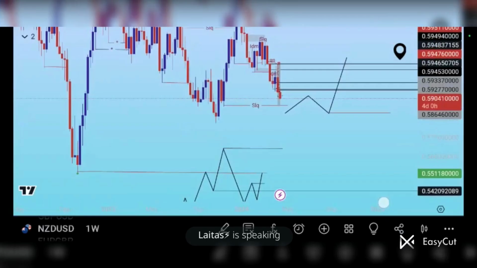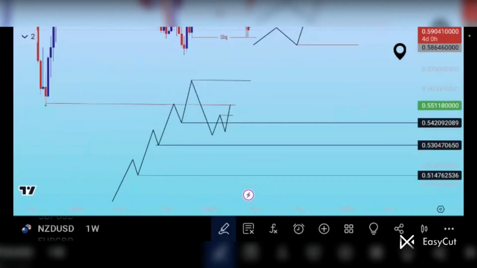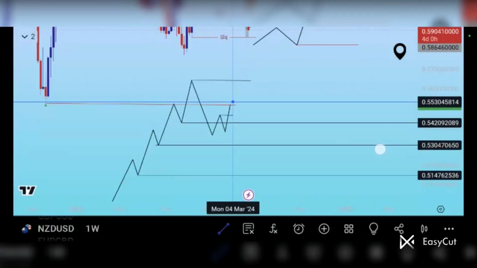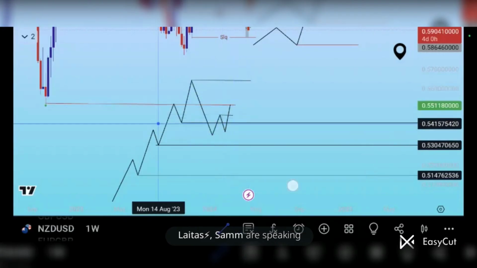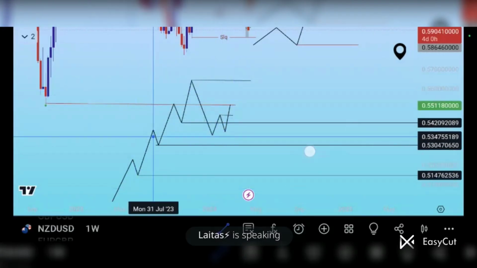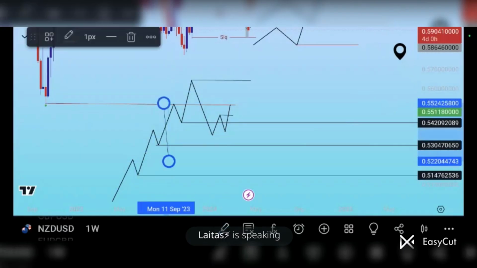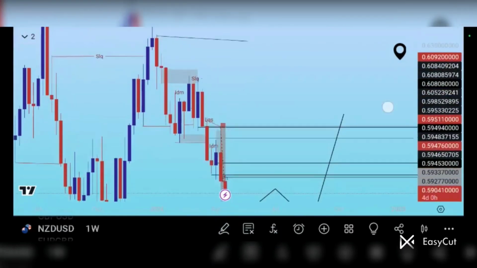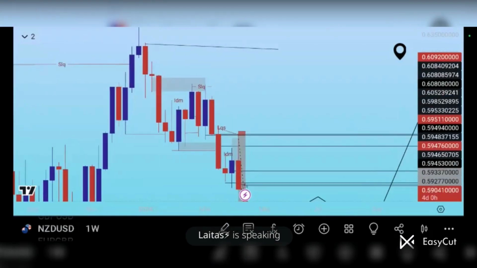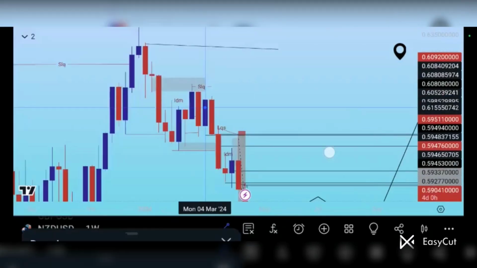Do you understand? Don't be looking for it in the middle. Be looking for it at the left hand side. That is the mistake many of us are making. So the bearish is still in control.